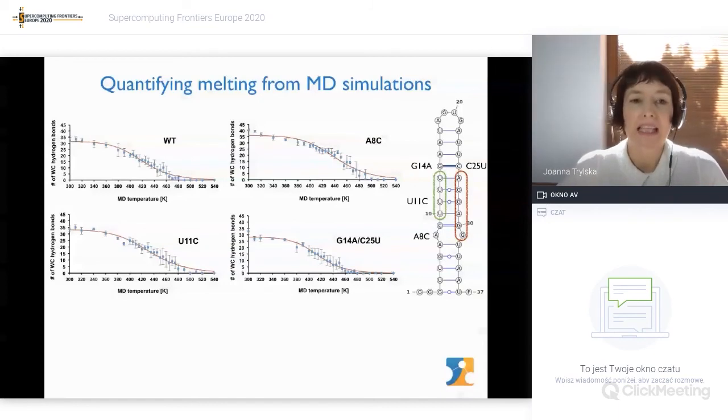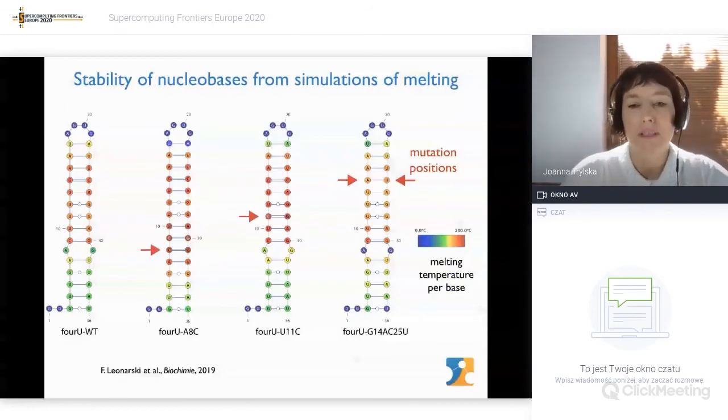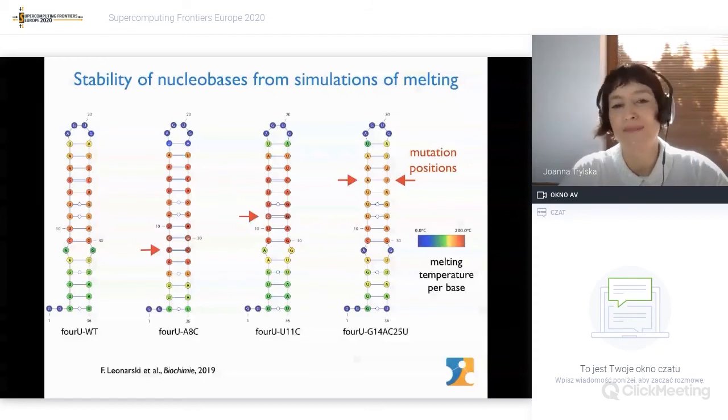What information we can get out of this is we can map these numbers on the secondary structure of different mutants to see which fragments melt first and which fragments melt last.